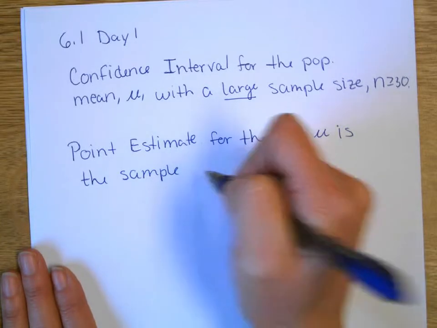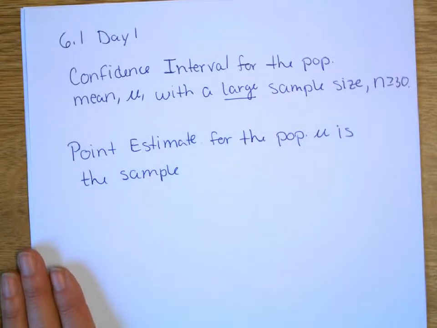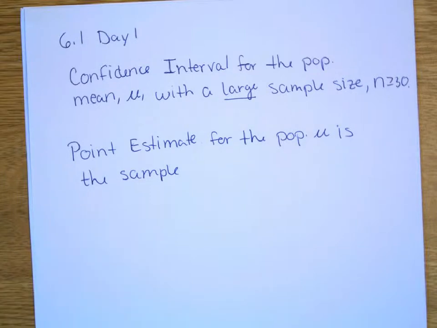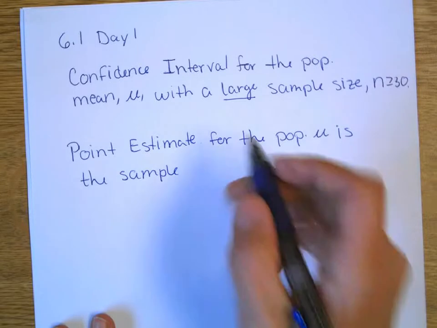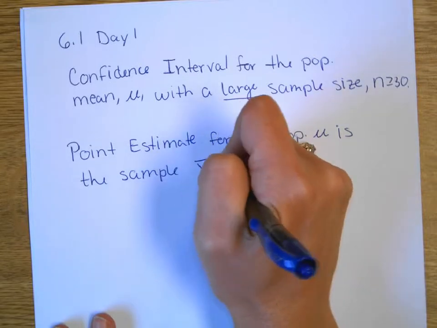How about the mean of the sample? Well, I would hope a mean would estimate another mean. Hopefully. So if I grab from my population, I would hopefully like to have my sample mean estimate that population mean. Do you think I'm going to get it right on the nose? No. Probably not. That's why we do an interval. Give us a bigger range to say, well, my population's probably somewhere between here and here. So we start with the point estimate for the population mean, and that is the sample mean.